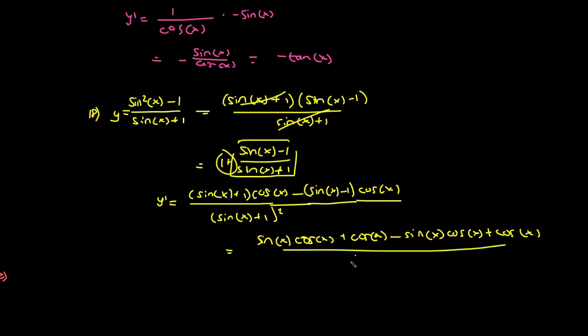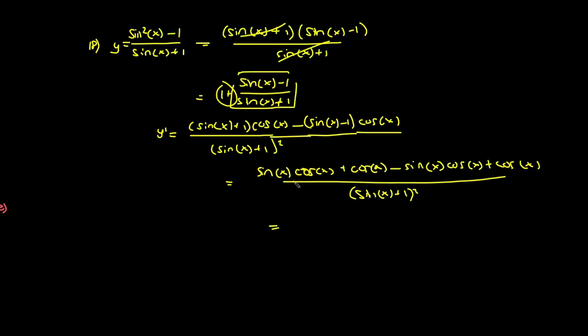It becomes a little bit nicer, some things cancel. Sine of x times cosine of x, here I have plus and here I have minus, so those cancel out, and these two cosines I can add together to give 2 cosine of x, all divided by sine of x plus 1 squared, which is the derivative.